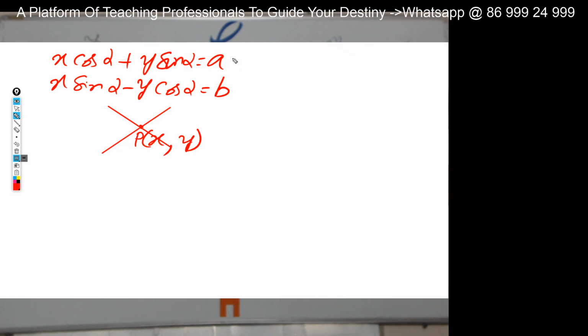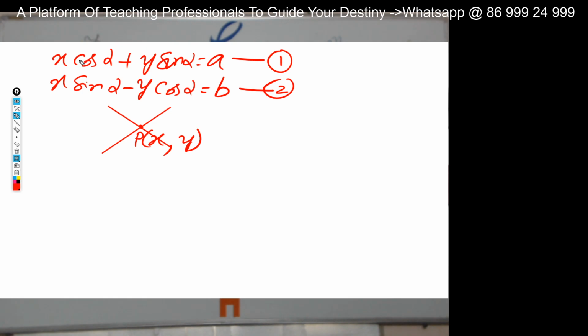How to eliminate alpha? Simple idea for this: if you square this, then you will get (a plus b) whole square, in which you will get plus 2ab. This is (a minus b) whole square, here also you will get minus 2ab. Adding them, the term gets cancelled.